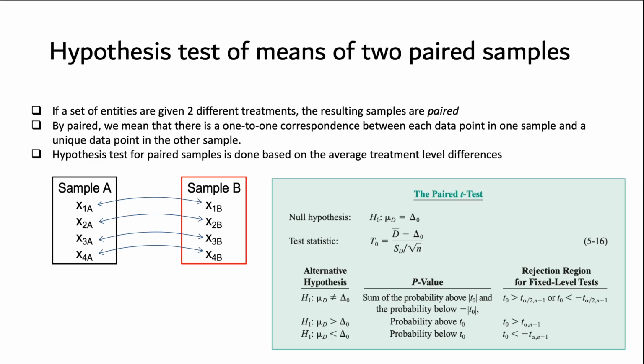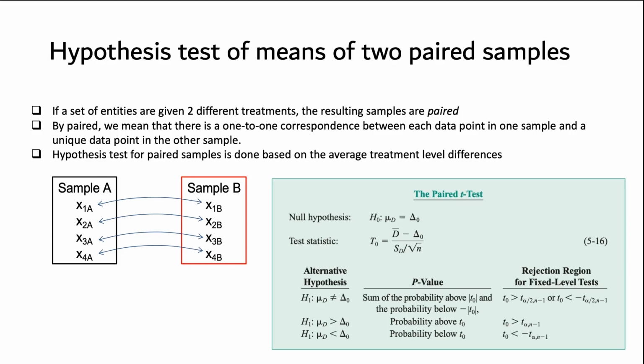Delta 0 is often assumed as 0. So mu d equal to 0 means there is no difference between the samples before treatment and the samples after treatment.